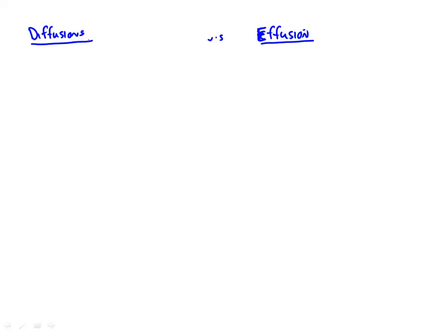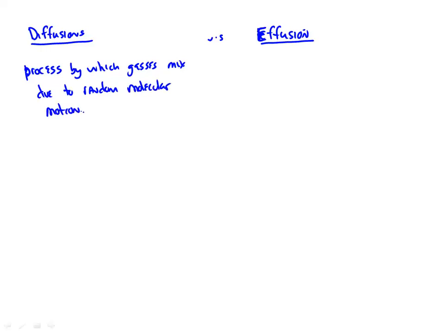What diffusion says is that it's the process by which gases mix due to random molecular motion. And if you want to think about it, that's what happens when you open a bottle of perfume.